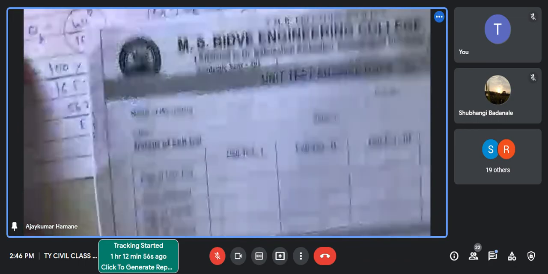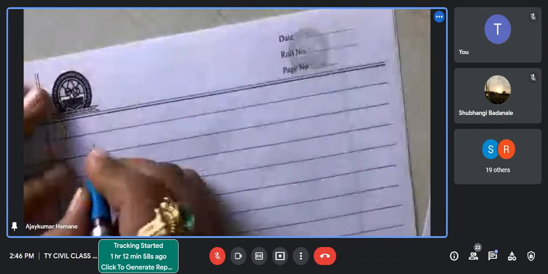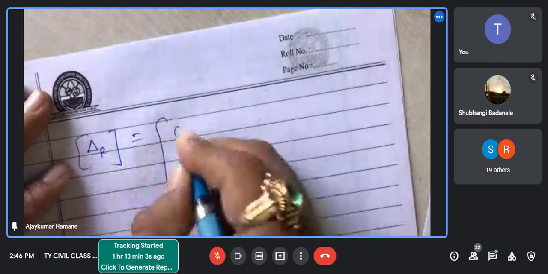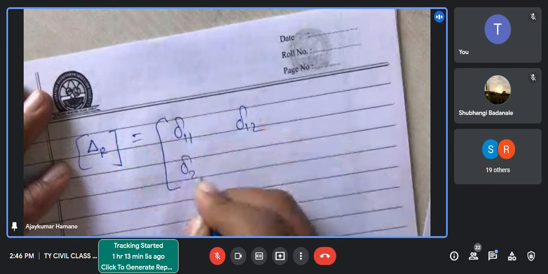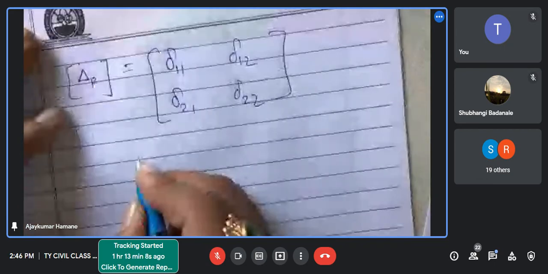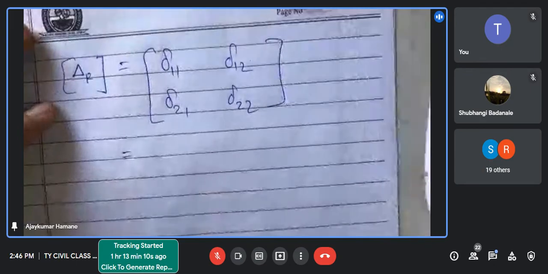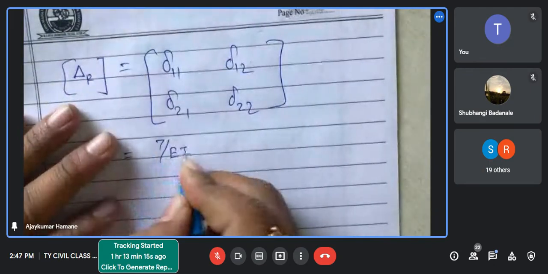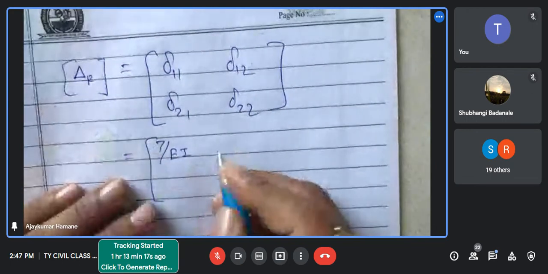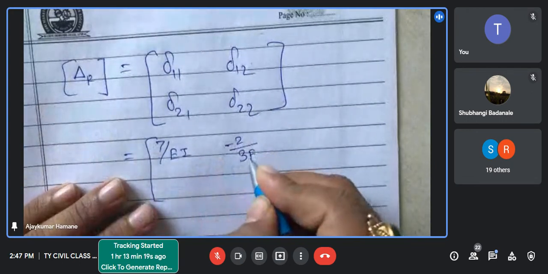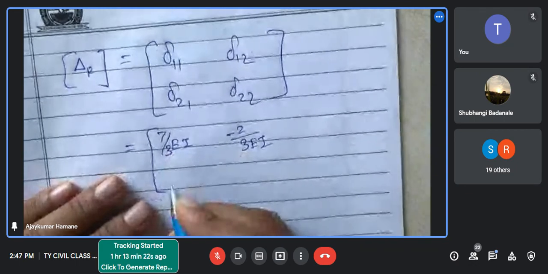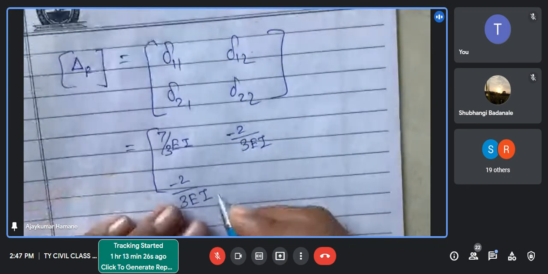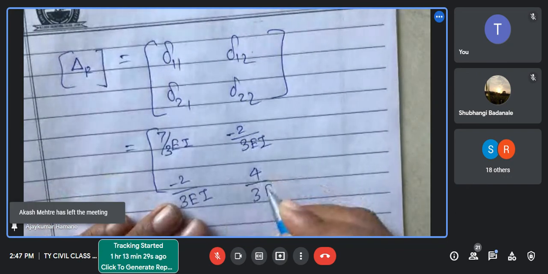Okay, so this gives us the delta R matrix: delta 1 1, delta 1 2, delta 2 1, delta 2 2. Delta 1 1 is 7 divided by 3 EI, delta 1 2 and delta 2 1 are minus 2 divided by 3 EI, and delta 2 2 is 4 divided by 3 EI.